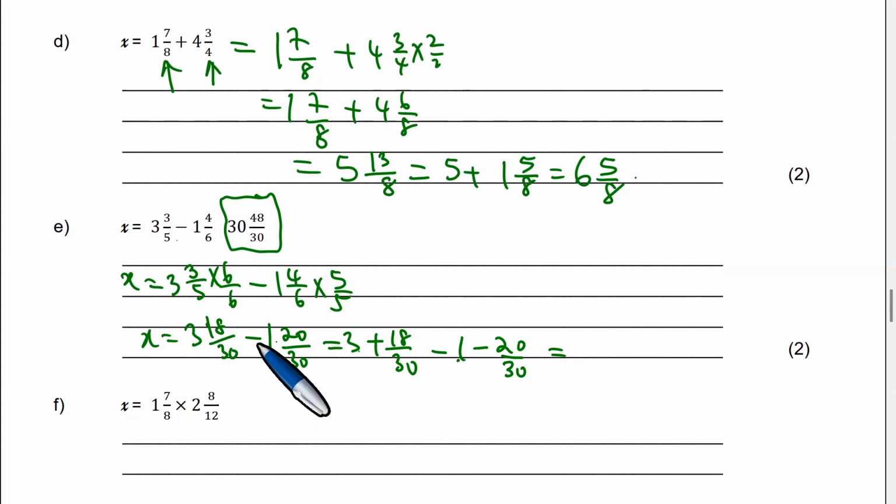Remember that you put minus here. 30 minus 1 is what? 29. Rather, 3 minus 1. 2. Right, and then these ones have 30 at the bottom. So you must just say 18 and 20. What is 18 minus 20?